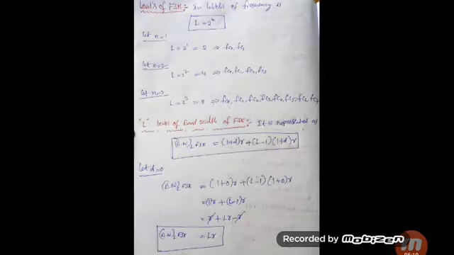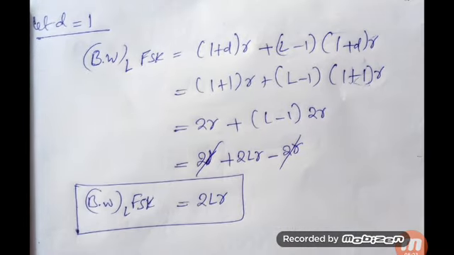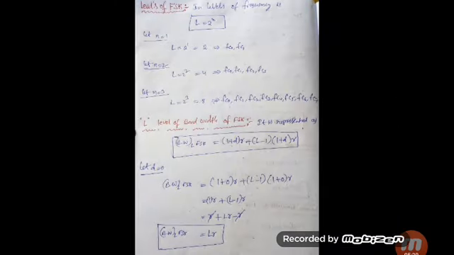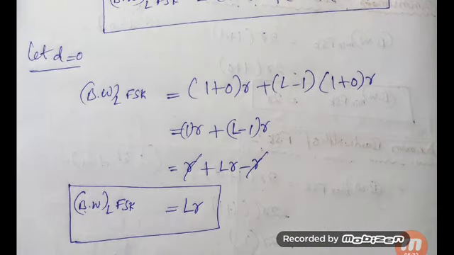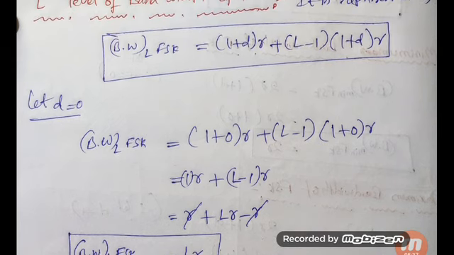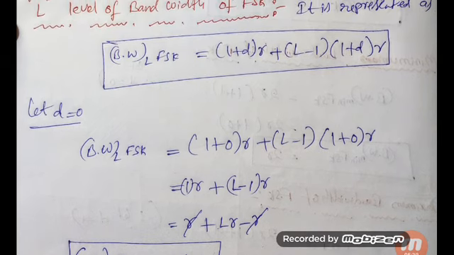Previously we replaced d equal to 0 in the level formula of bandwidth of FSK: (1 plus d) into r plus (L minus 1) into (1 plus d) into r. Let d equal to 0.